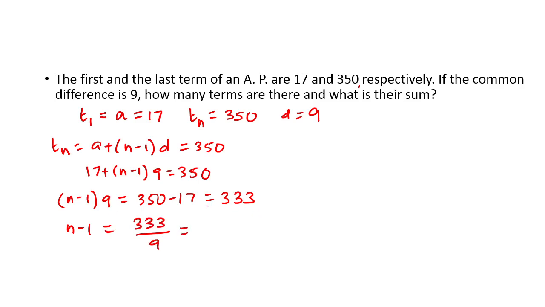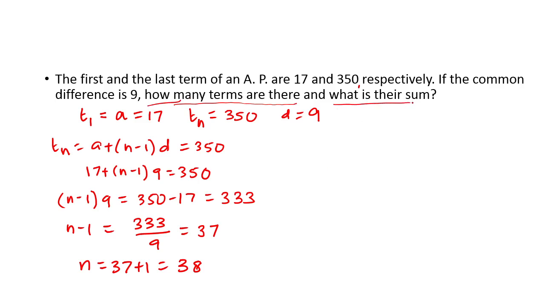I'm cross multiplying this 9, and 333 upon 9 is 37. So if n minus 1 is 37, n is equal to 37 plus 1, this is equal to 38. So n is equal to 38, that means there are 38 terms in this arithmetic progression. So that answers the first question, how many terms are there in this progression.